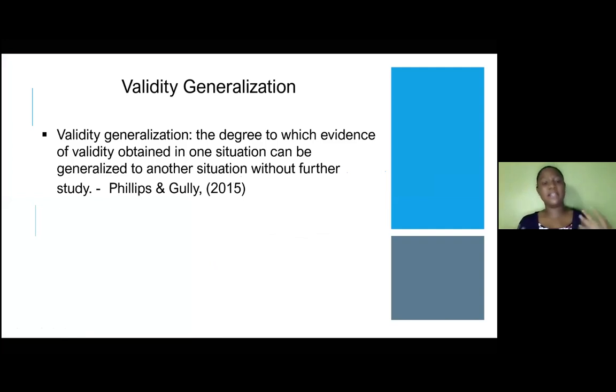What this simply refers to is the generalizability of our measure. How can we generalize our findings to other populations without doing further research? And this is normally done using a technique called meta-analysis, which is simply combining multiple findings or results to determine if results can be applied to all situations or if it would be different for different situations.